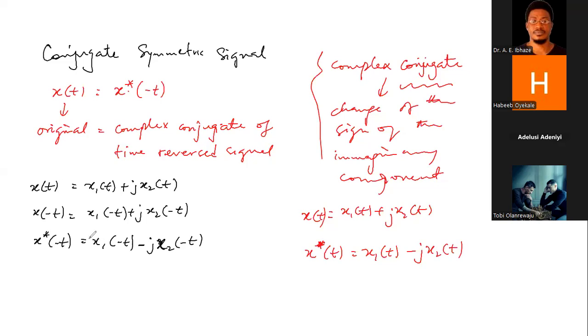So if S1 is even and this component S2 is odd, then what we are trying to say is that S of t is the same as S conjugate of minus t.